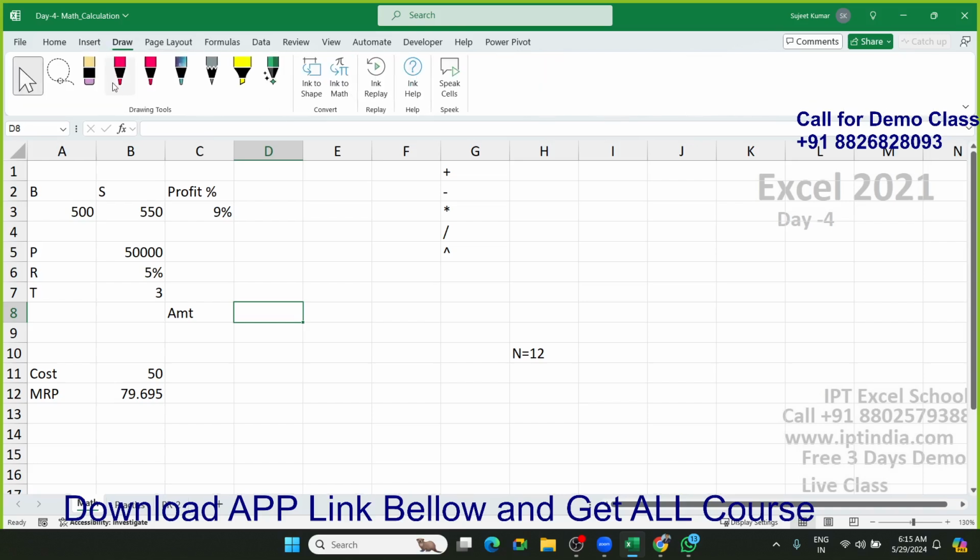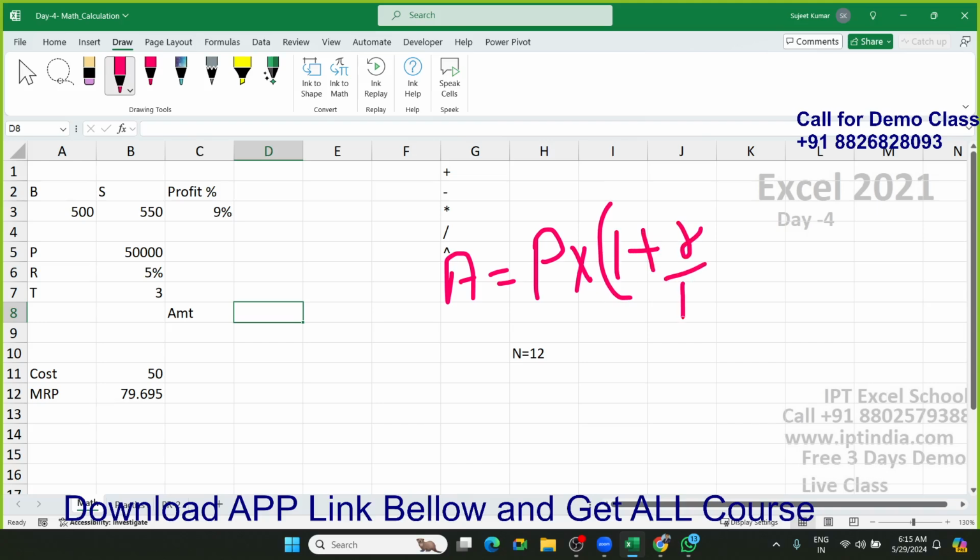So what is the mathematical equation for the amount calculation? In mathematical calculations, the amount, A, equals principal, P, multiplied by, in the bracket, 1 plus R, the rate, divided by N. Because my calculation is monthly, N is 12.